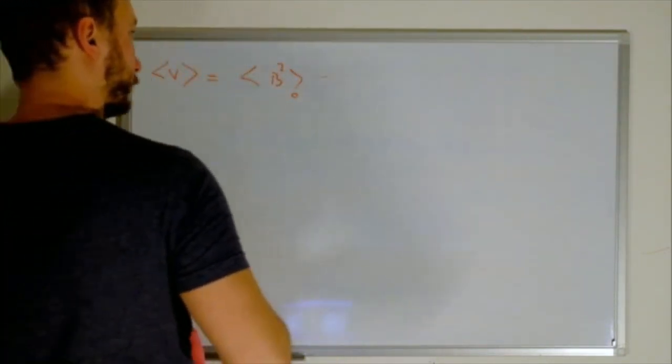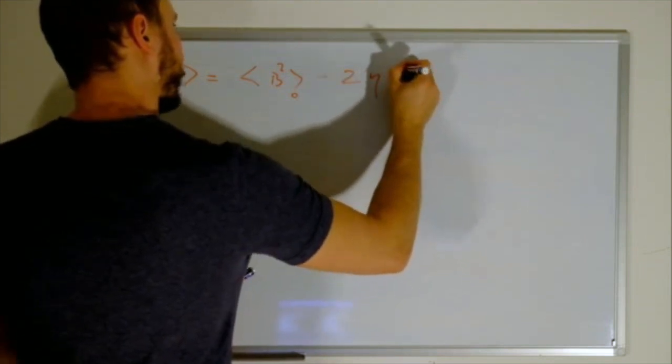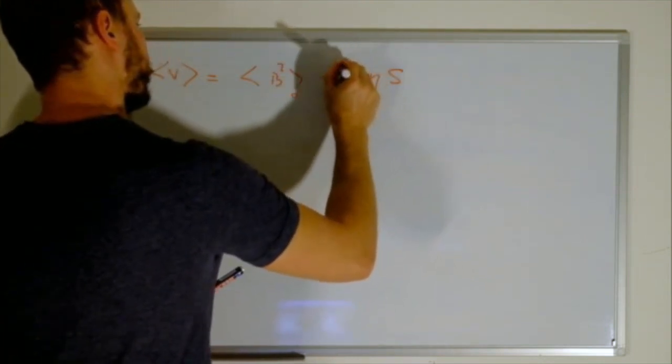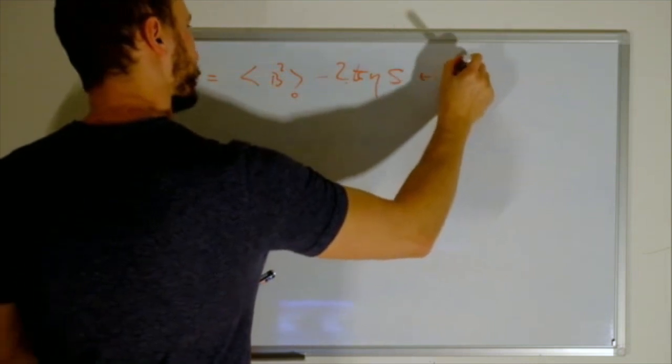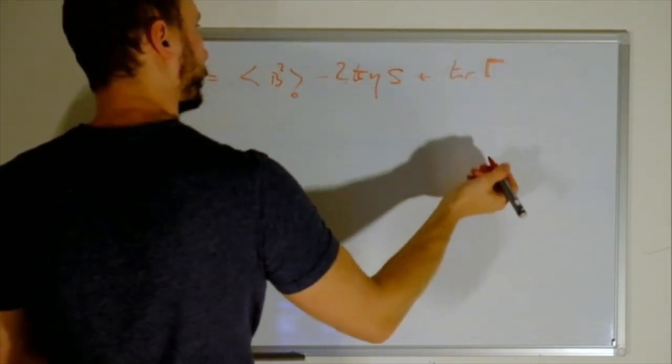we have minus 2 trace of eta S plus trace of gamma S squared.